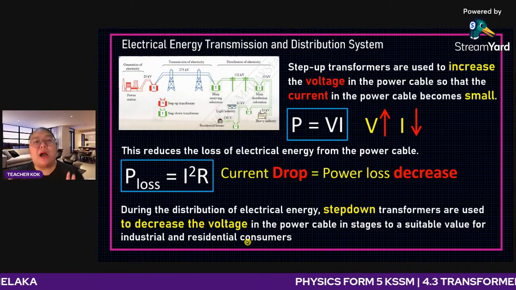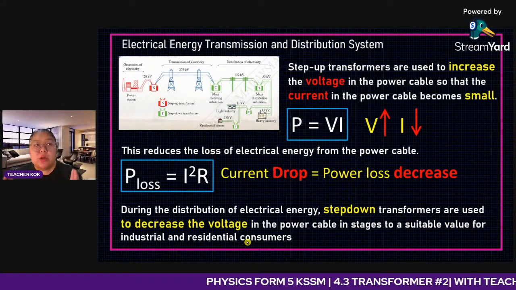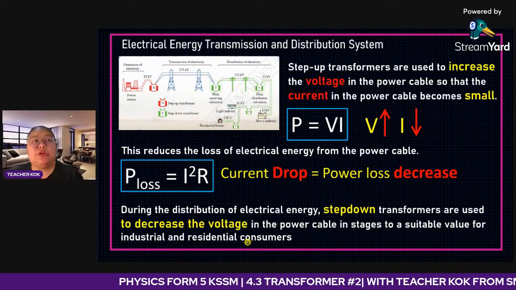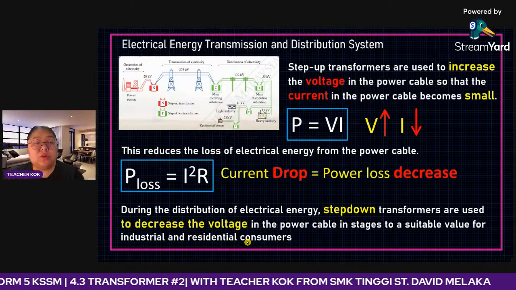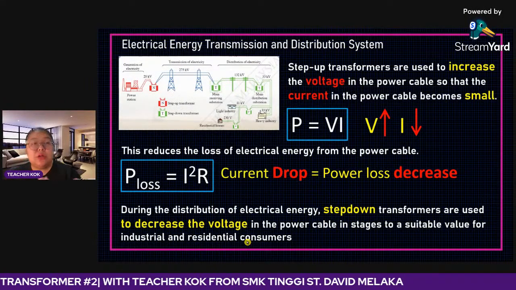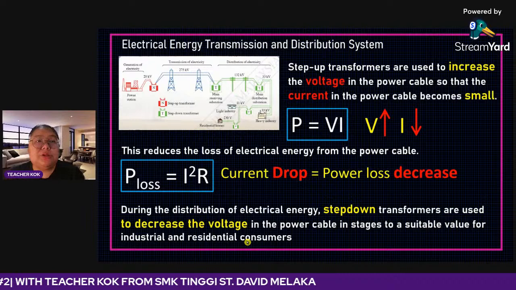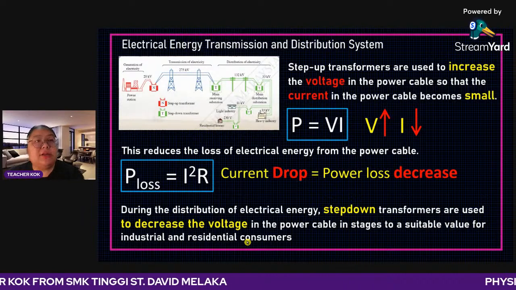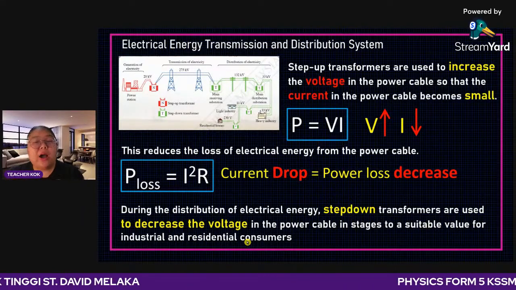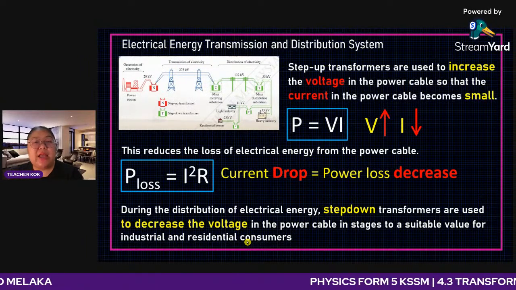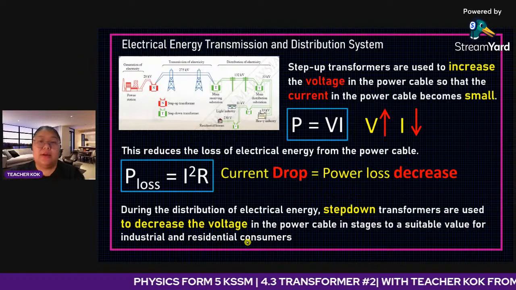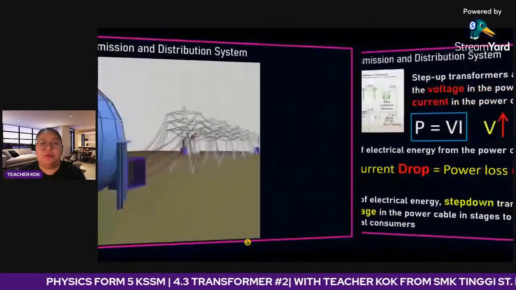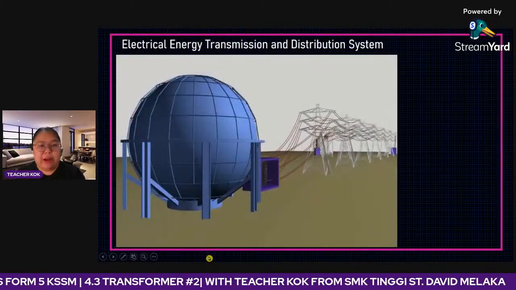But when starting at the power station, you must increase the voltage. Important, they don't want power loss. Otherwise, by the time it is sent to your house, the power loss is so much. So this is the reason when the question asks why power stations use the step up transformer. From here we go to see the example in the diagram.